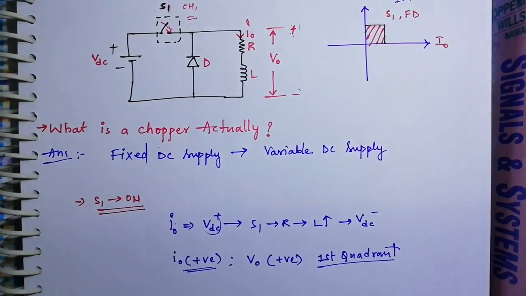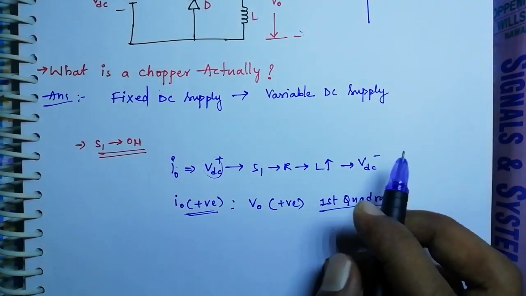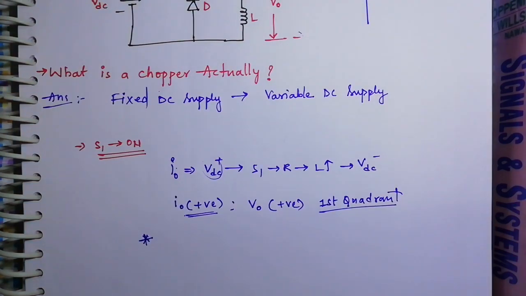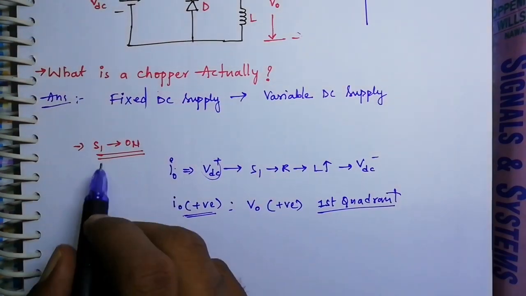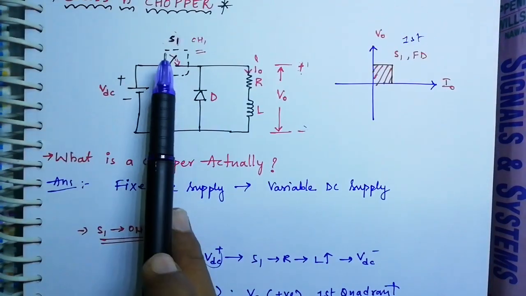So let us see another condition also. Here the inductor is getting charged, so what should happen now? It should discharge now. So let us try to understand. It discharges when S1 is off.